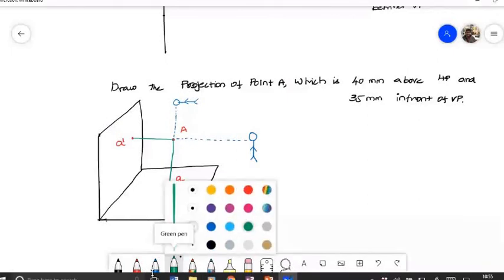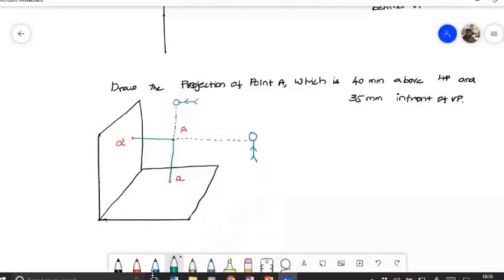Okay. And the second thing is, I have one question. In order to make it convenient to draw in the drawing sheet, we will be rotating this clockwise by 90 degrees, right? This will be rotated clockwise 90 degrees.